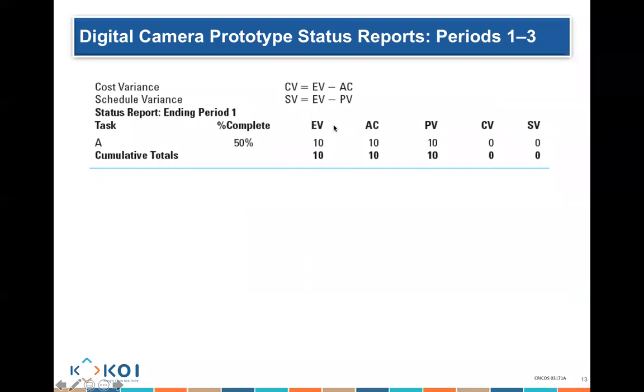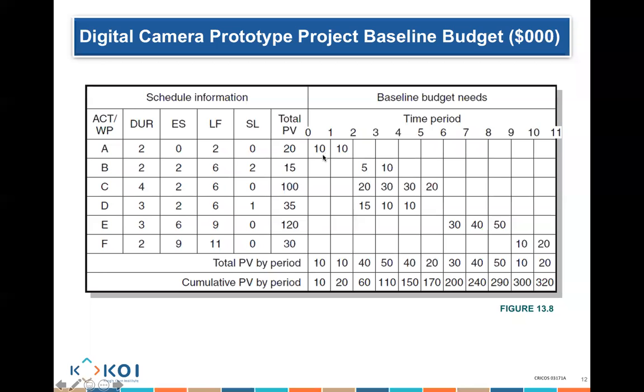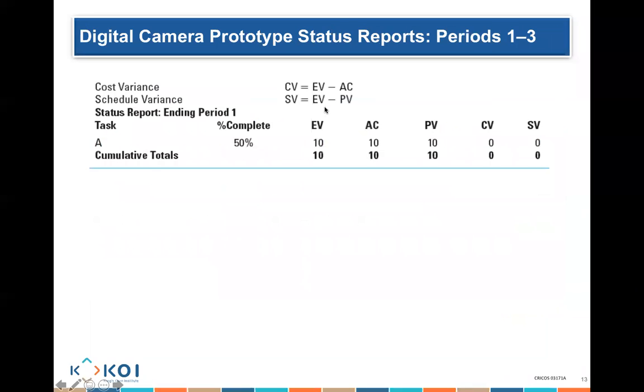So you can see my earned value is 10. Why? Because I'm earning 50% of the work. So I'm earning 50% of what is planned, of 20, which means I am earning $10.